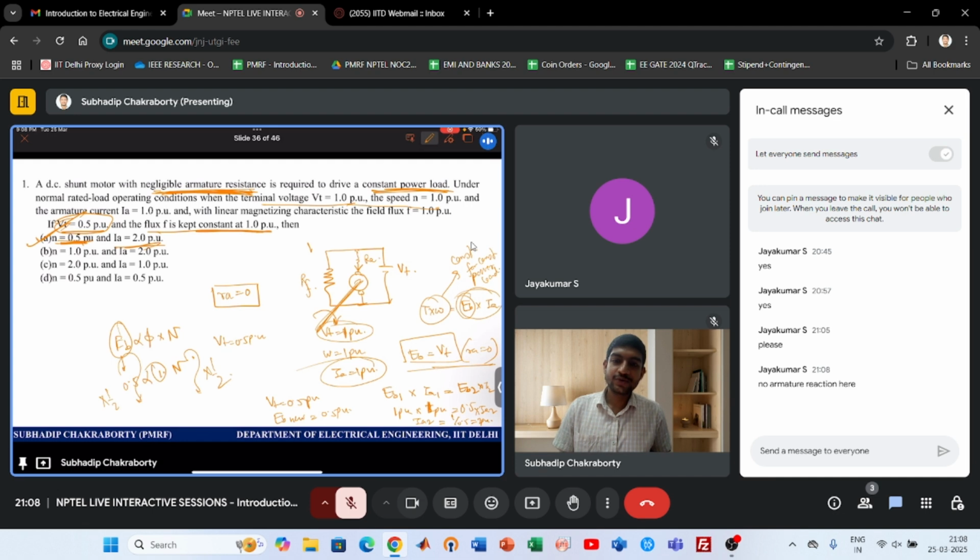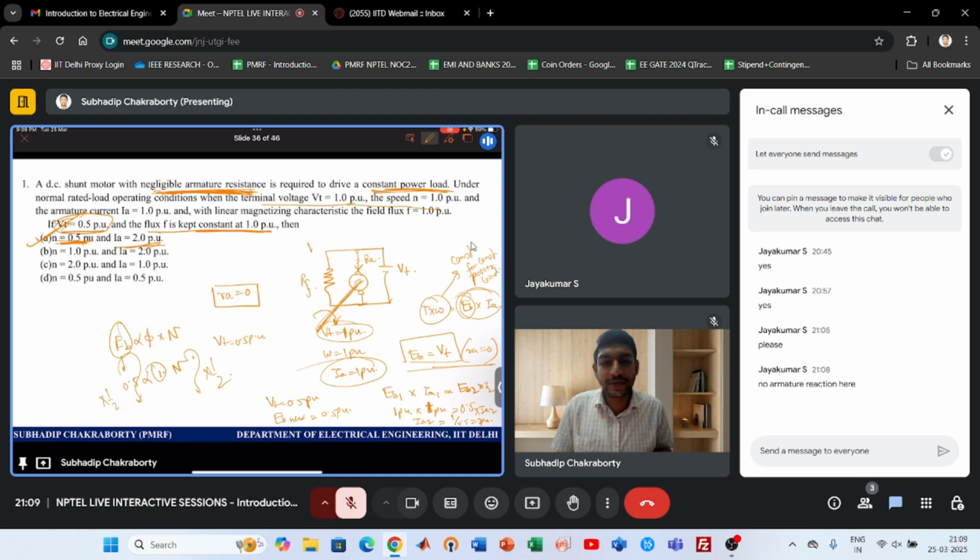No, it is not asking you to consider armature reaction. Why? Because armature reaction is significant, but the field is too strong. So I told you that much significant difference is not taken into consideration. In most of the problems in DC machines, you don't take into consideration the armature reaction.